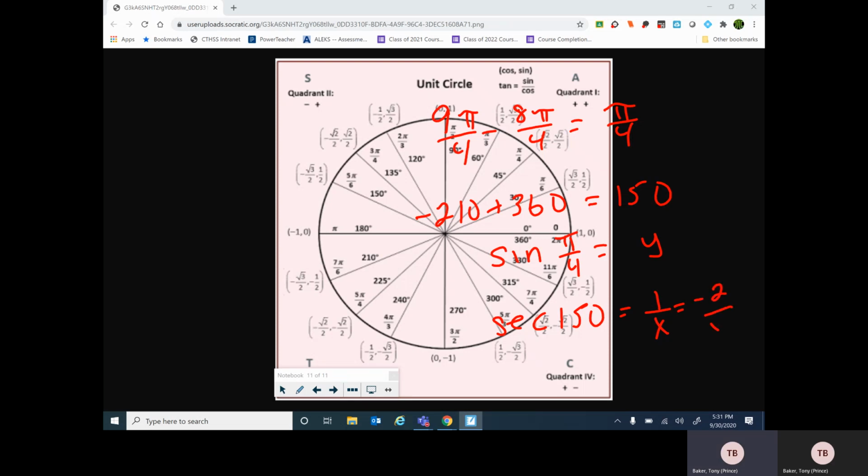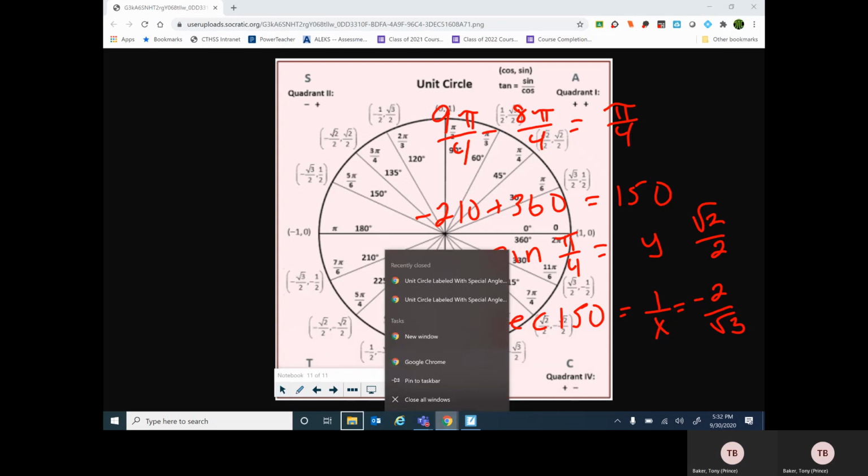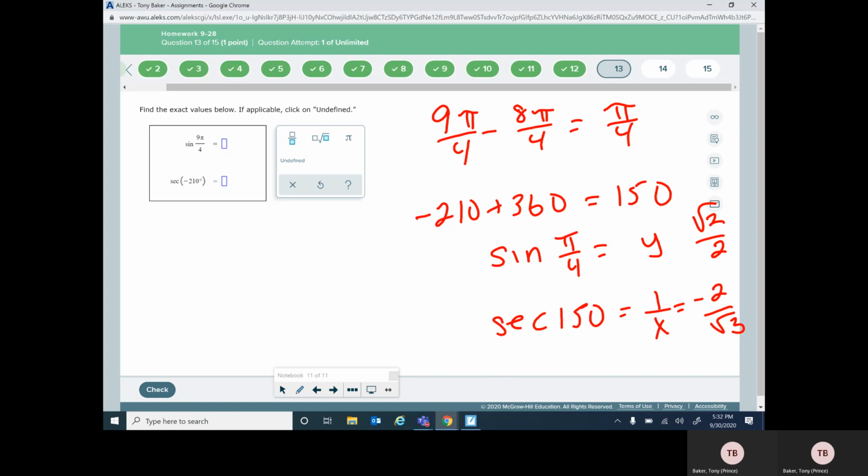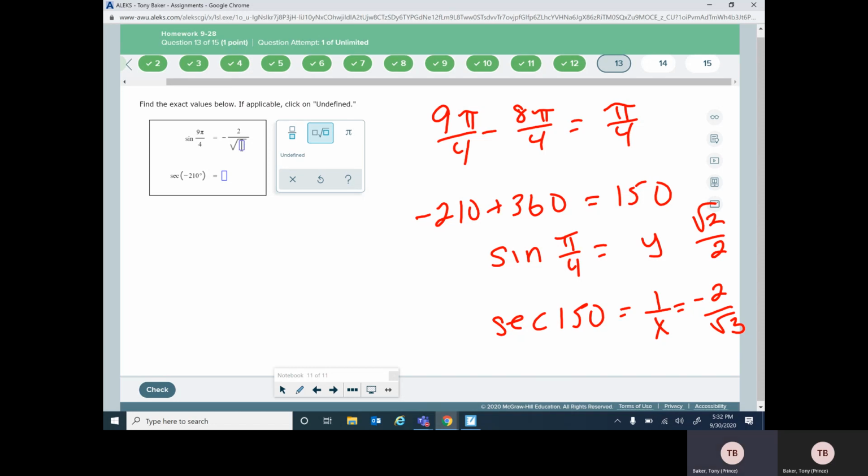So I get negative 2 over the square root of 3. And for pi over 4, my y is square root of 2 over 2. Oh, I got them backwards. Square root of 2 divided by 2, and negative 2 divided by the square root of 3.